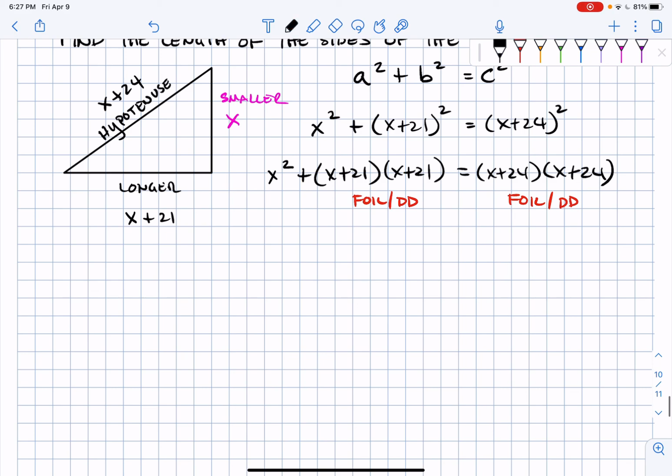So I got x squared plus x squared plus 21x plus 21x plus, what's 21 times 21? I believe that is going to be 441.